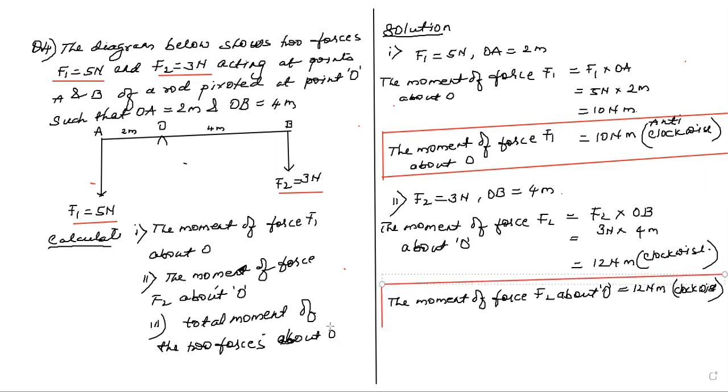The convention is simple: anti-clockwise movement is always positive, and clockwise movement is always negative.